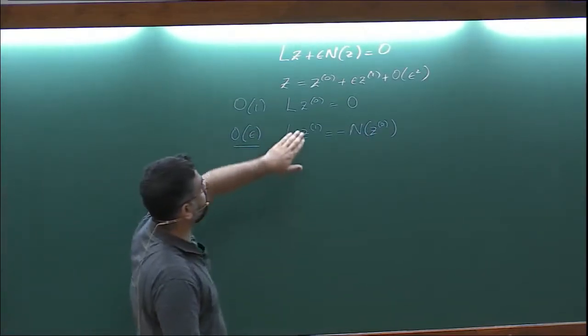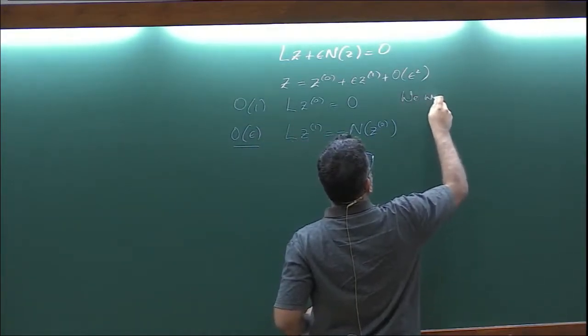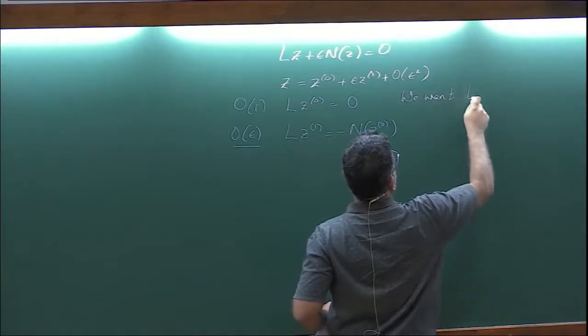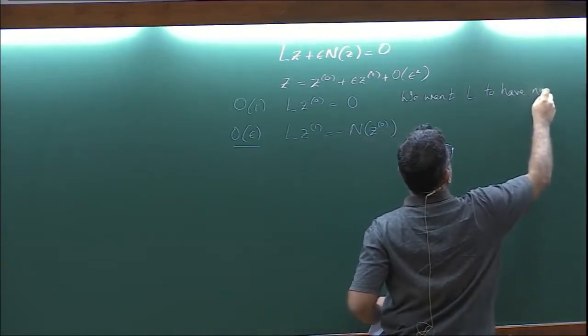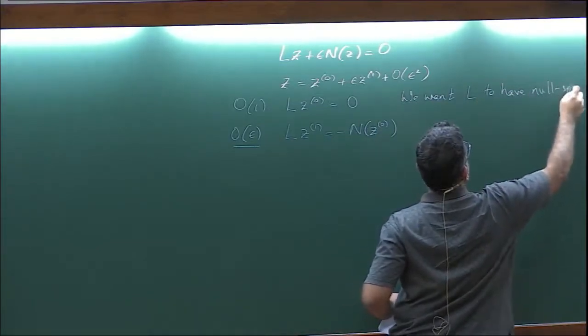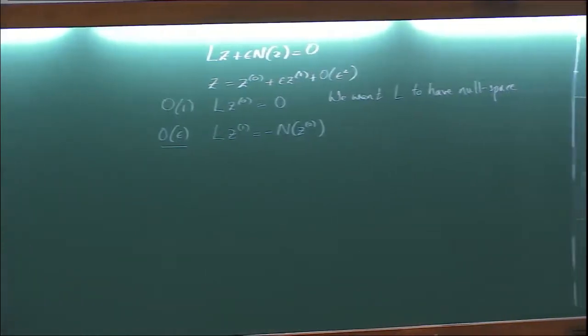To get a non-trivial solution to this problem, we want L to have a non-trivial null space. In the language of matrices, that just means the determinant of L should be 0.